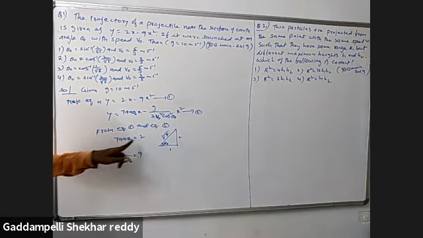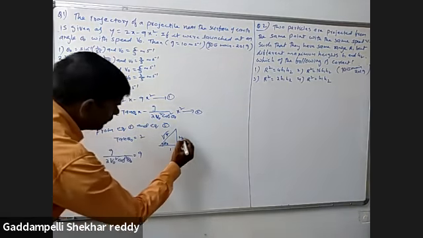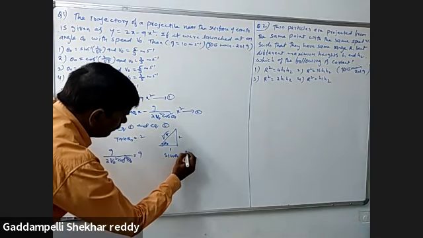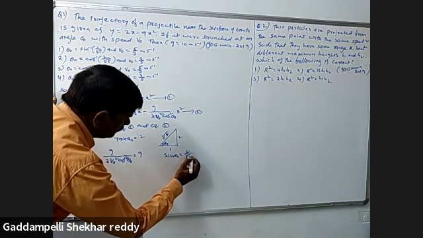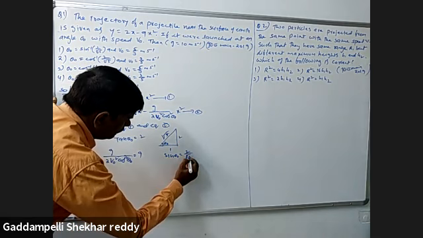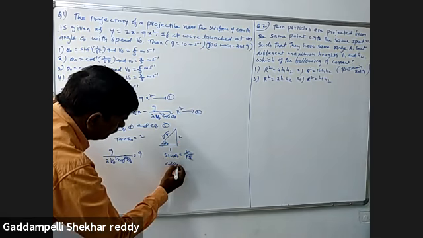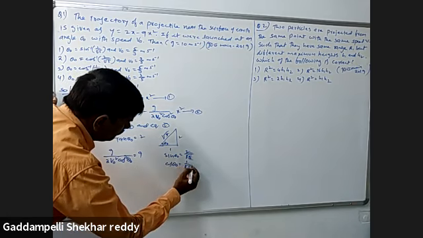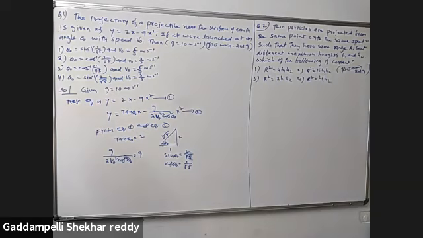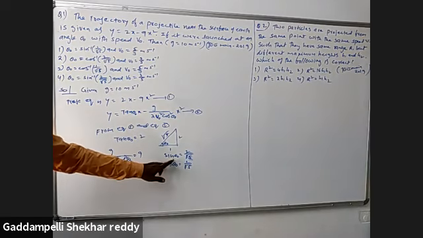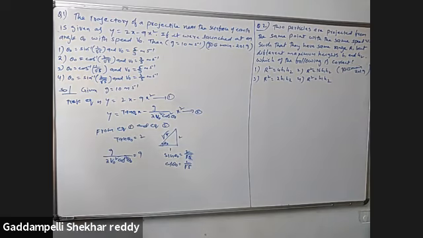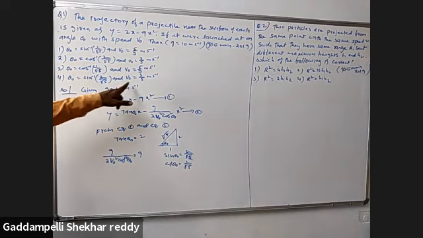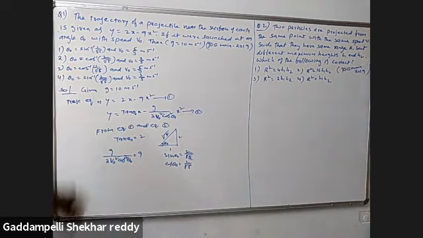So from this triangle, sin theta naught is equal to opposite by hypotenuse, and cos theta naught is equal to adjacent by hypotenuse. So theta naught may be in terms of cos or in terms of sin. After calculating the v naught value, we will select the suitable answer.